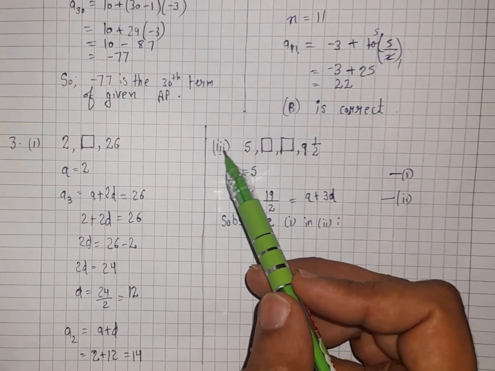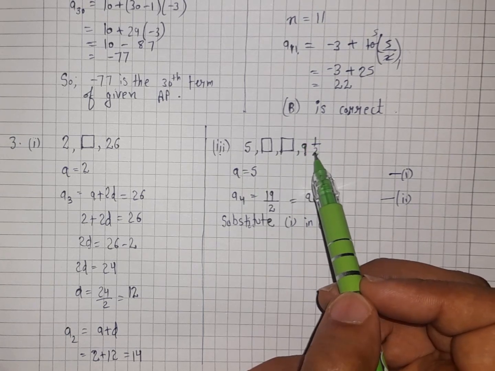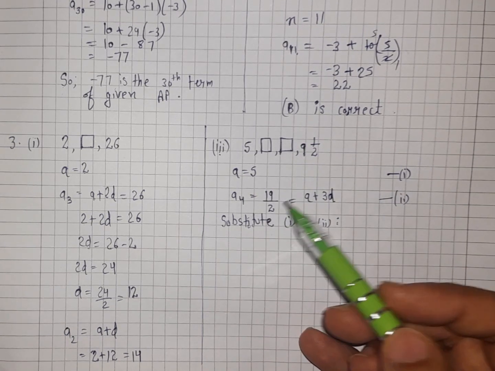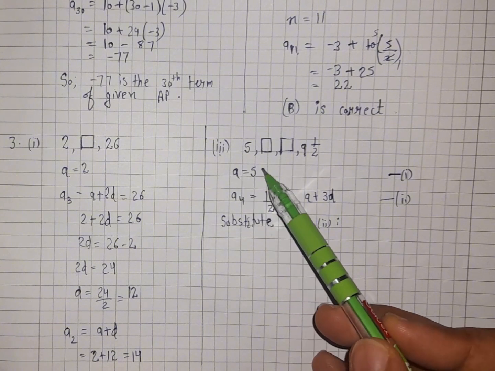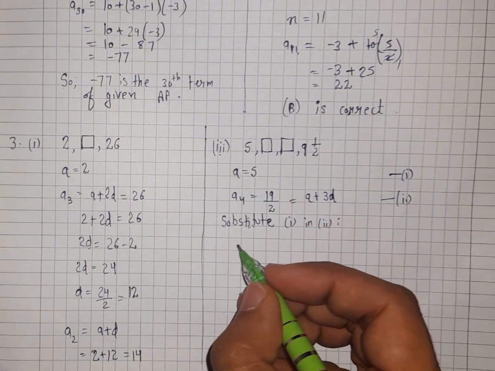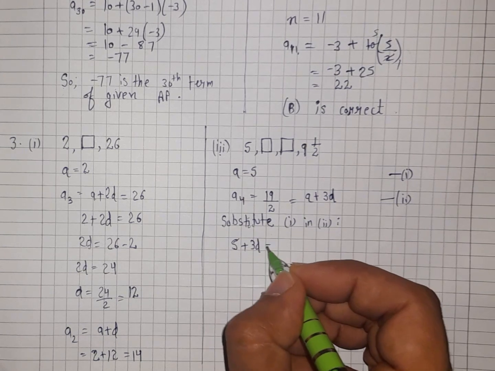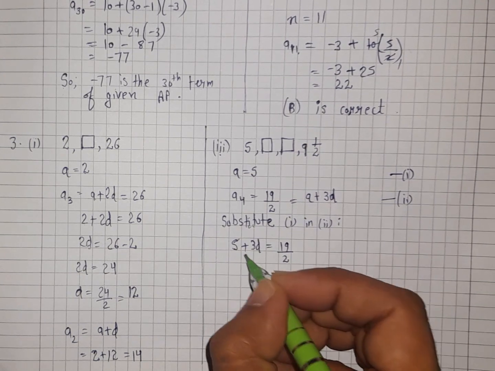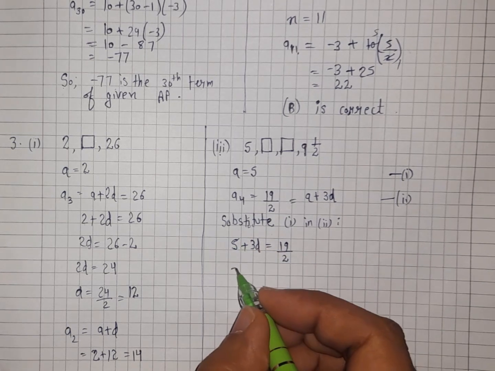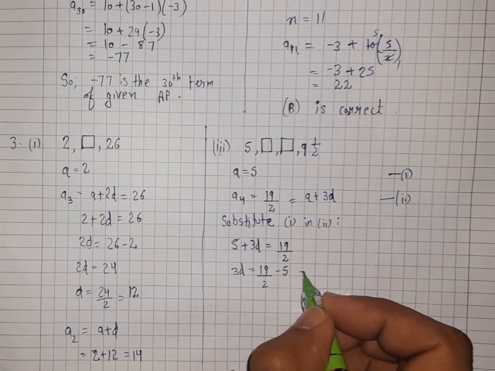In the third part, we have A equals 5 and A4 equals 9 1 upon 2, that is 19 upon 2. So substitute this value of A in the second equation. So we will have 5 plus 3D equals 19 upon 2. Now taking 5 to the right hand side, we will get 19 upon 2 minus 5.